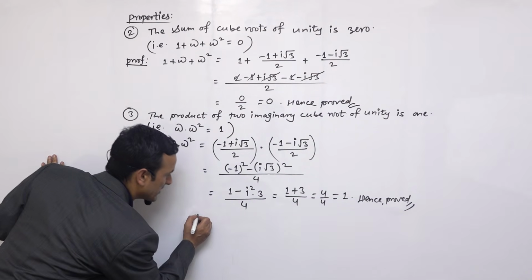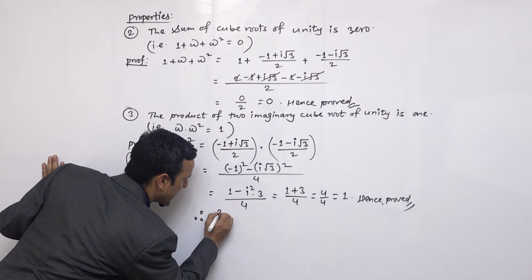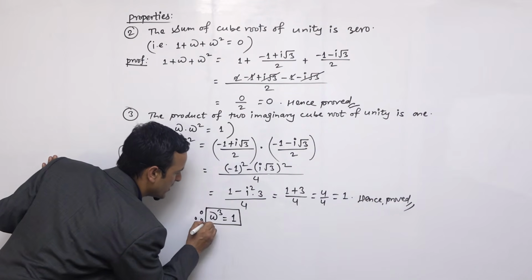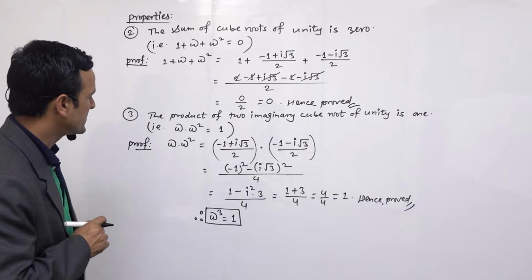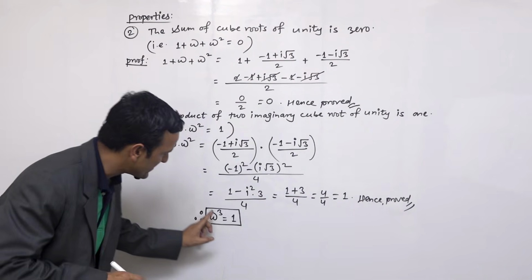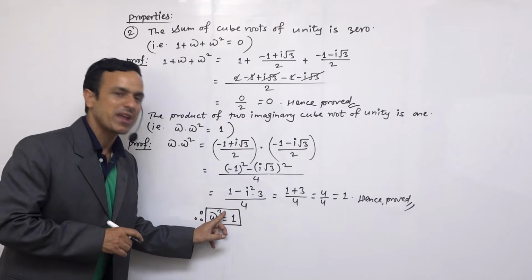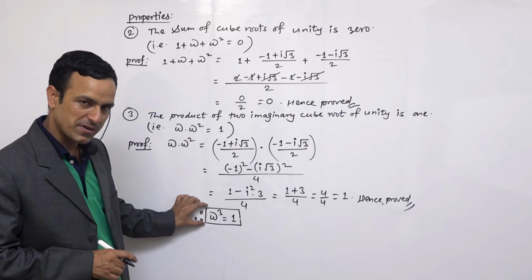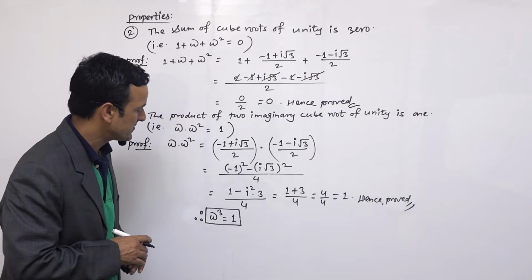So in total, we can write omega into omega square, that is omega cube, is equal to 1. This is the property obtained from this result. Omega into omega square means omega cube, and omega cube is 1. So we can use this property while solving questions.